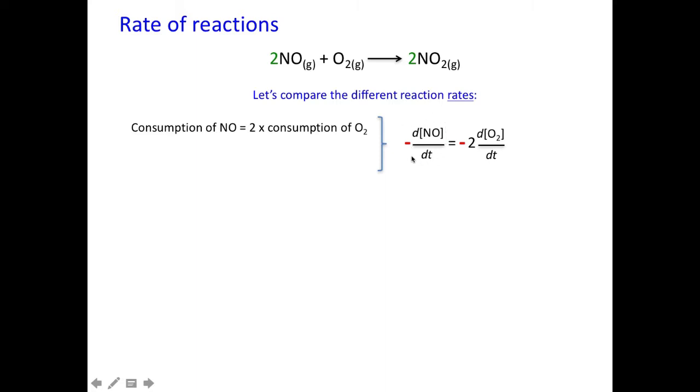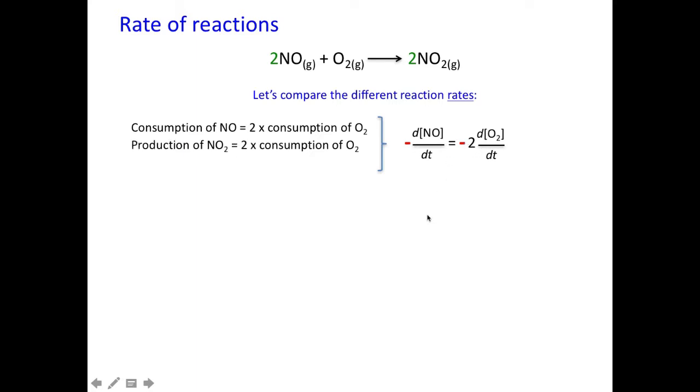First of all, we are talking about reactants, so both have a negative sign to get the reaction rates, because this fraction is already negative. Since reaction rates are positive, that's why we add here a negative sign. But the consumption rate of nitrogen oxide on the left side is 2 times the consumption rate of oxygen. This is shown here.